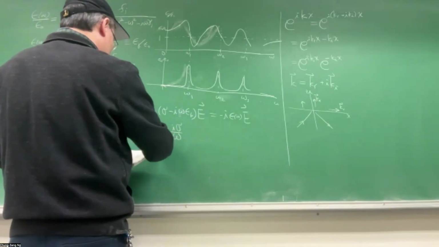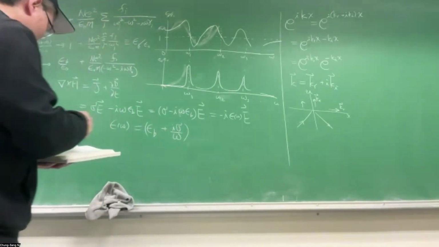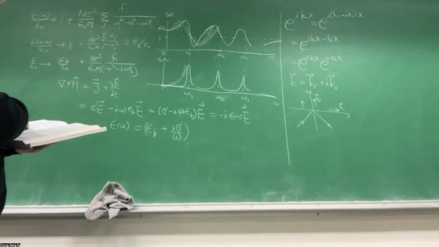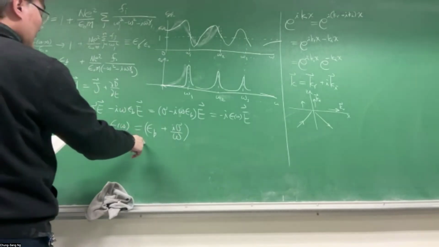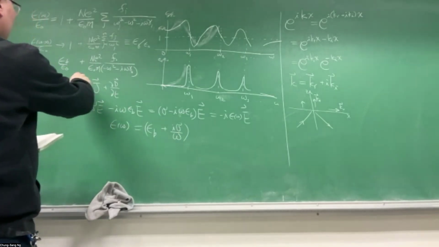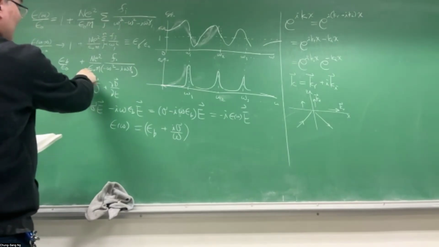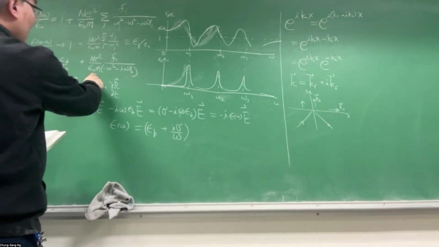So that would be this epsilon, right? And now you can compare with what we had here. So you have epsilon b, and the rest is very similar.